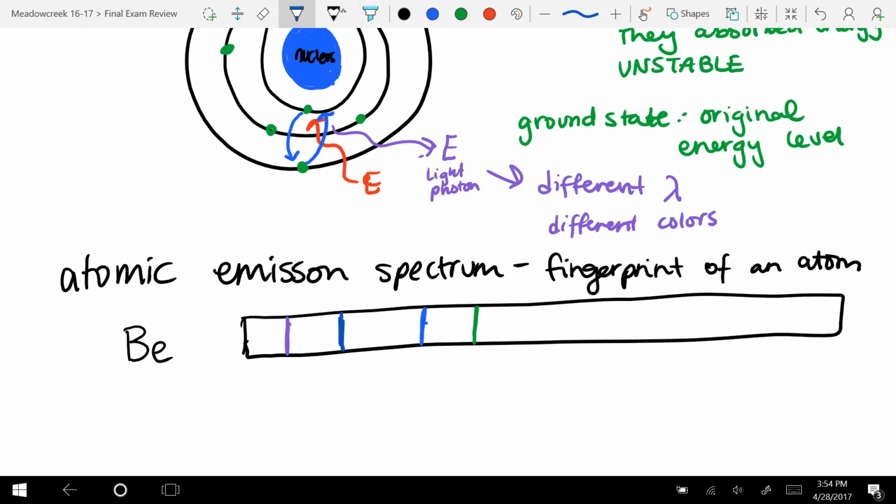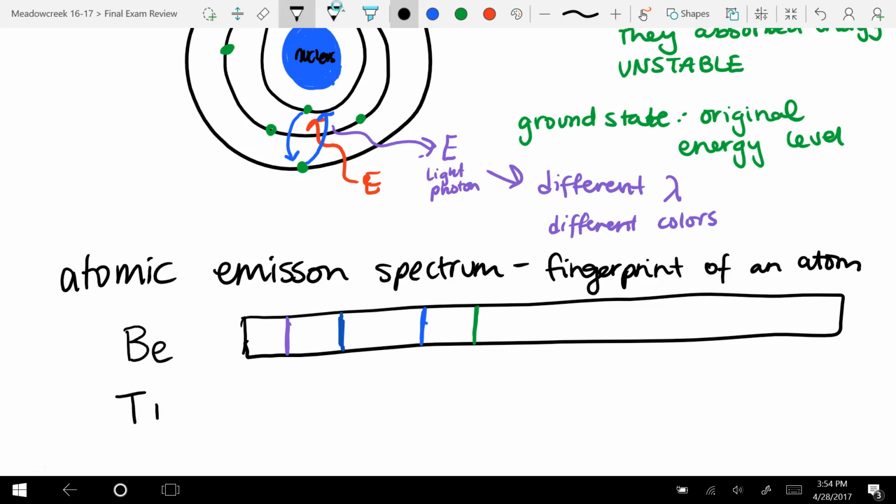It's discrete lines. You can't see all of the colors, ROYGBIV, just these discrete outputs, and that's because those electrons are moving up to certain energy levels and going back down to certain energy levels. So they can only release a certain amount.